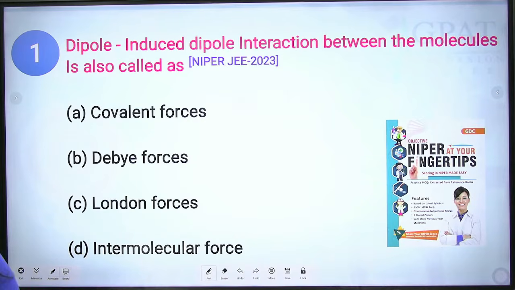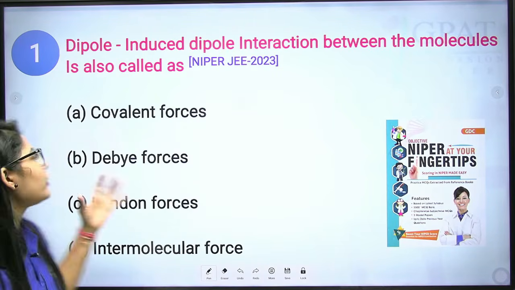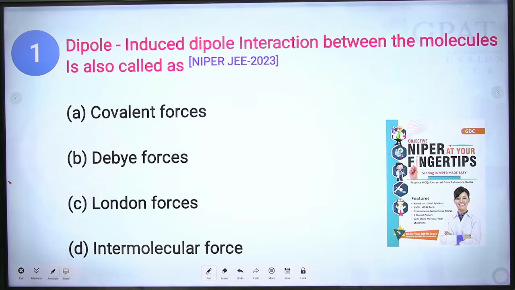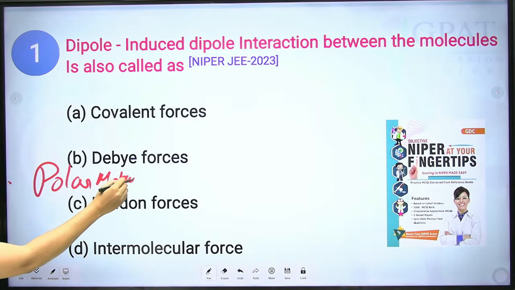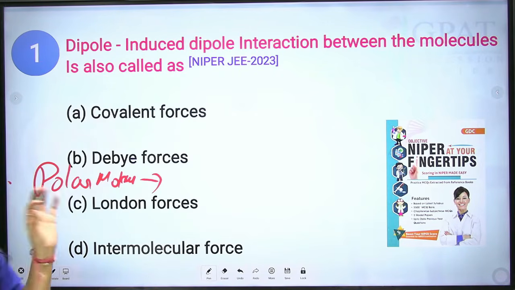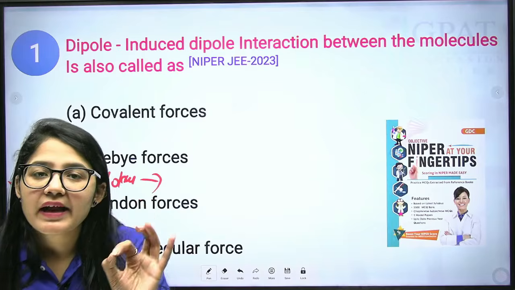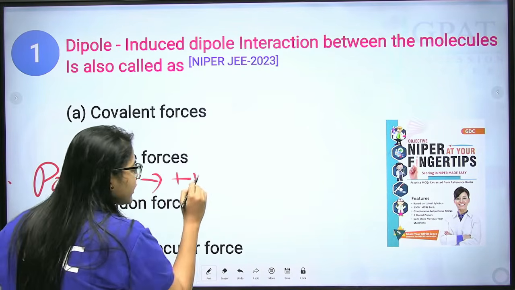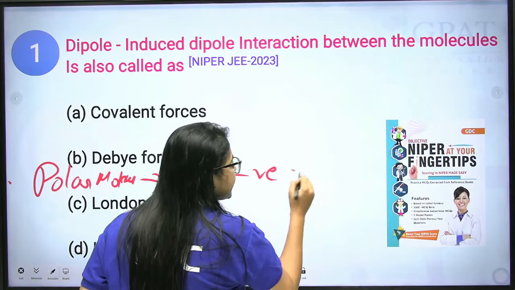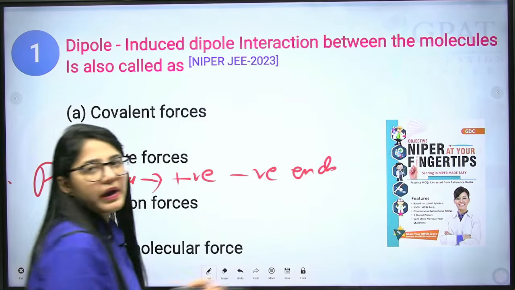Okay, let's get an answer. The answer will be a polar molecule. A polar molecule has a permanent positive and negative charge. It has positive and negative ends, and that is also permanent. Clear?